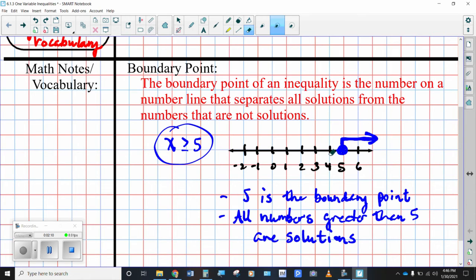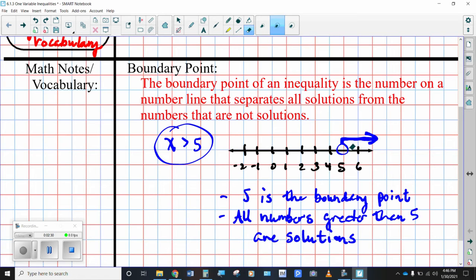And now the whole circling it, if this said x was just greater than 5, we would only circle the 5. But then everything greater than 5 would be a solution. So like 5.1 would be a solution, or 6 would be a solution, or 5.0001 would be a solution.